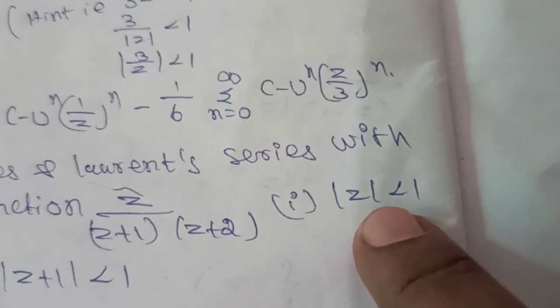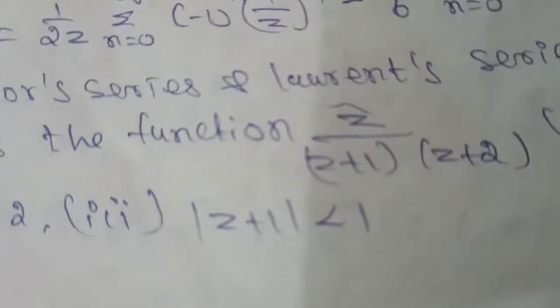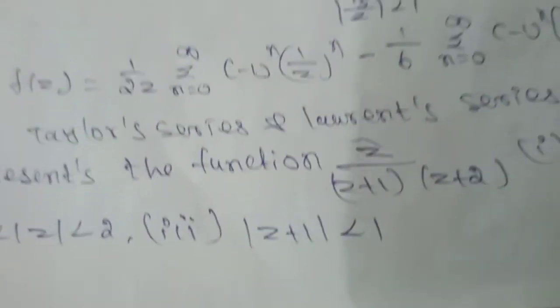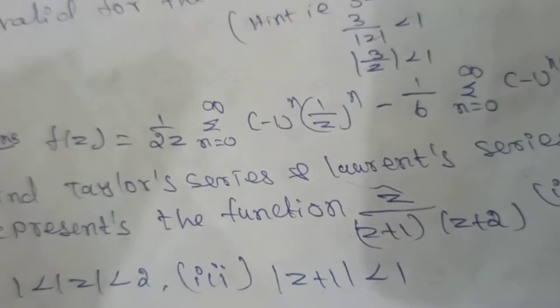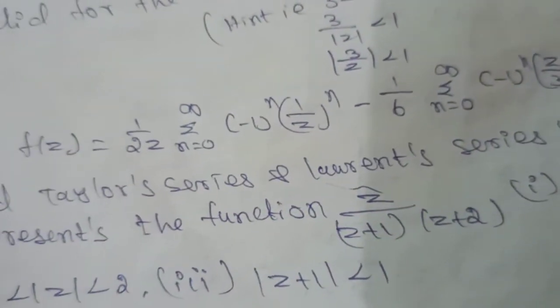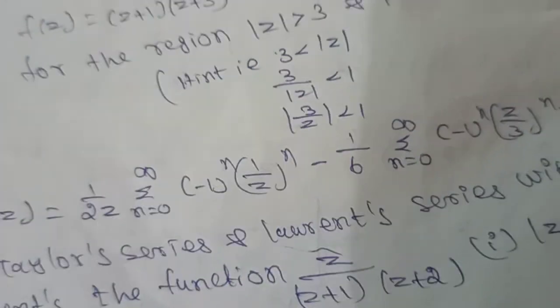The regions given are: modulus of z less than 1; second, 1 less than modulus of z less than 2; and third, modulus of z + 1 less than 1. Sometimes when asked for the Laurent series or Taylor series, you can use the same method. So all of you do this problem and learn more problems.